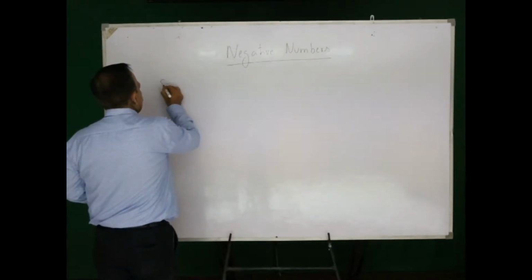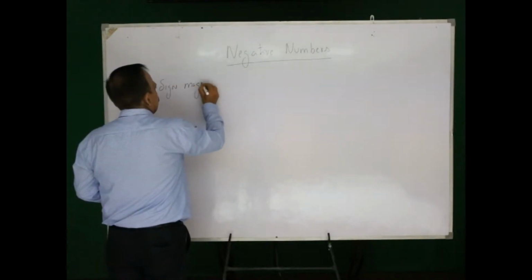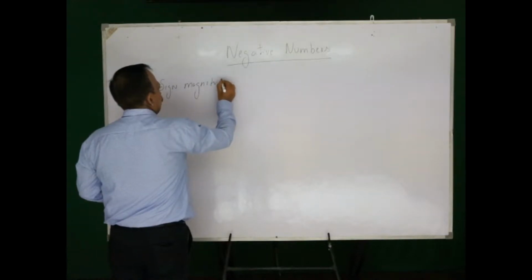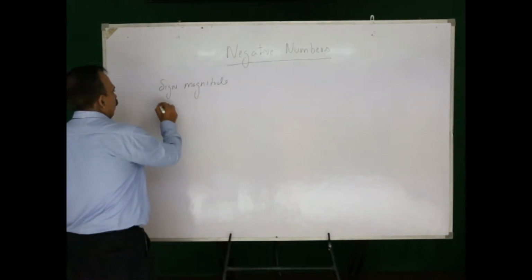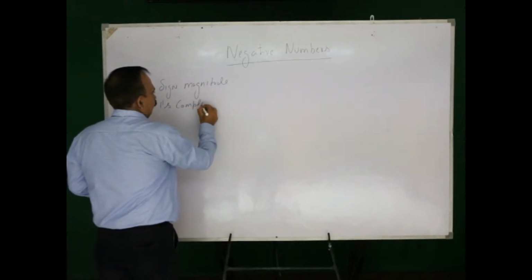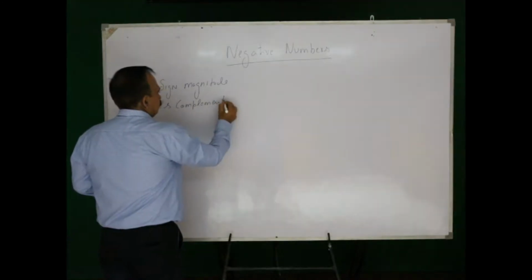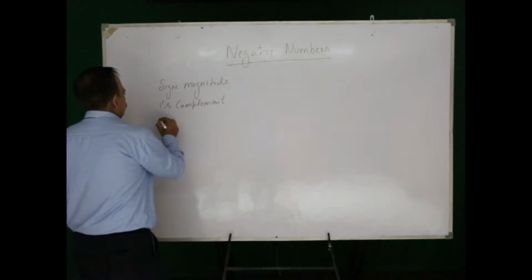One of the methods is the sign and magnitude method. The second method is by using the 1's complement method. And the third is the 2's complement method.